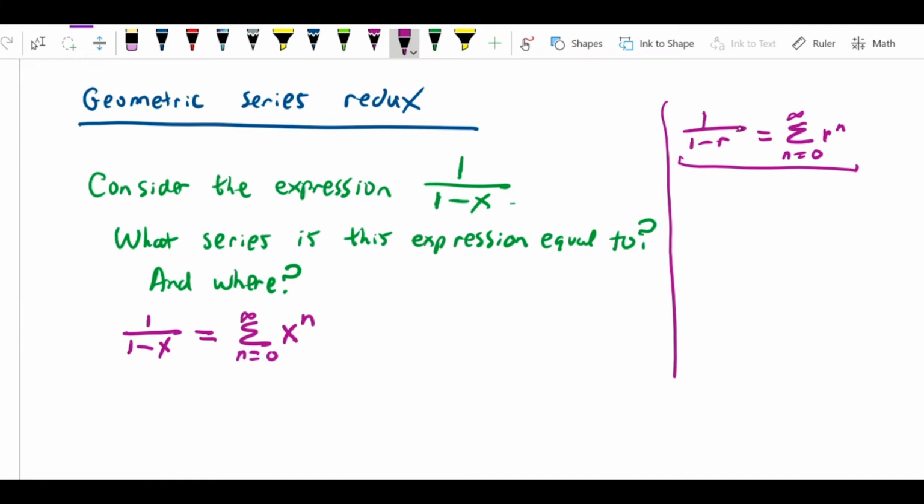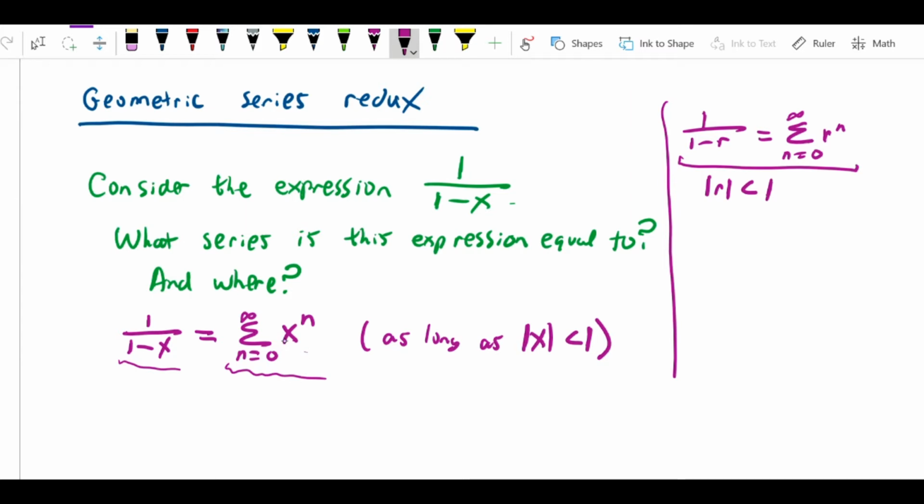And by the way, when is this series equal to 1 over 1 minus r? We know that's true for the situation where the absolute value of r is less than 1. So this is true as long as the absolute value of x is less than 1. So it seems reasonable to say that this is a power series that converges to this value as long as we are within the radius of convergence of 1.